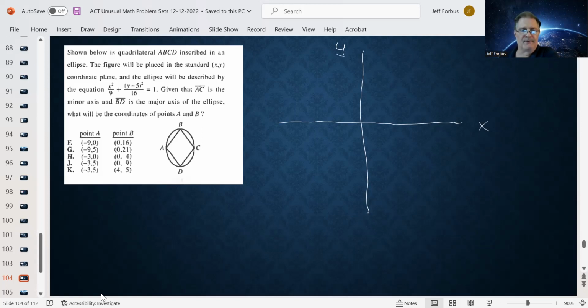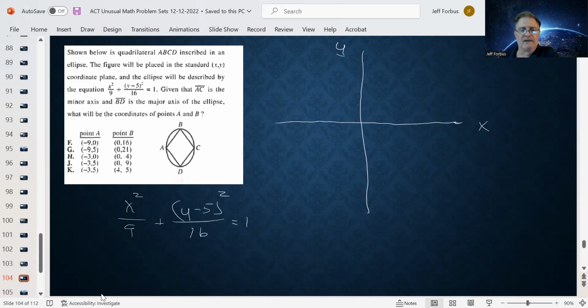It's important to understand where the ellipse is centered. So the numerator of the equation, x squared over 9 plus y minus 5 squared over 16 equal to 1.